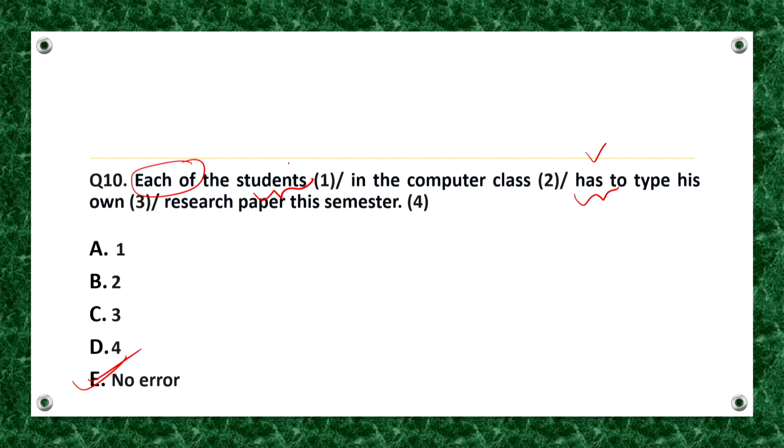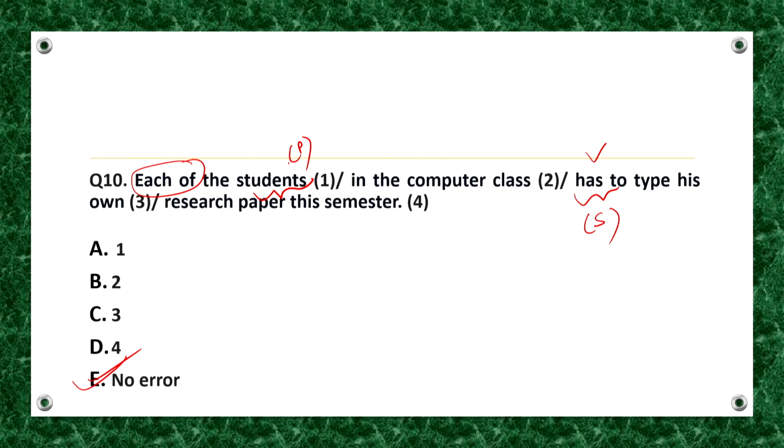Fine. So, as you can see, students is plural, which is correct, and has is singular, which is also correct. Hence, clearly there is no error in the given sentence. Fine. Therefore, option E is the correct answer.